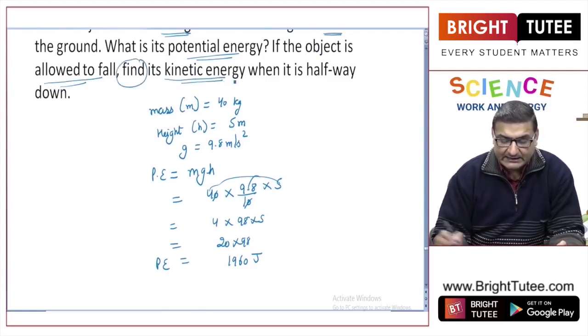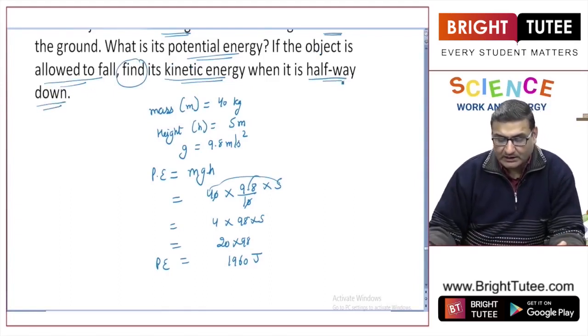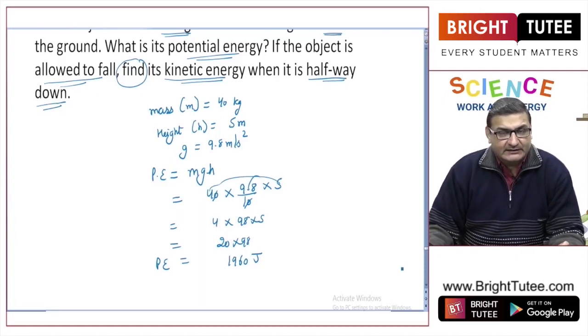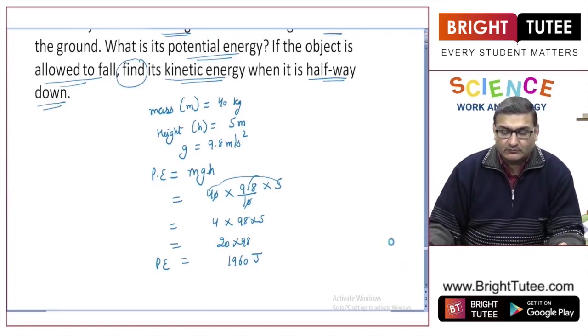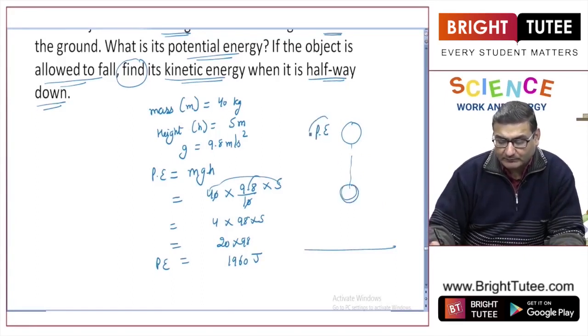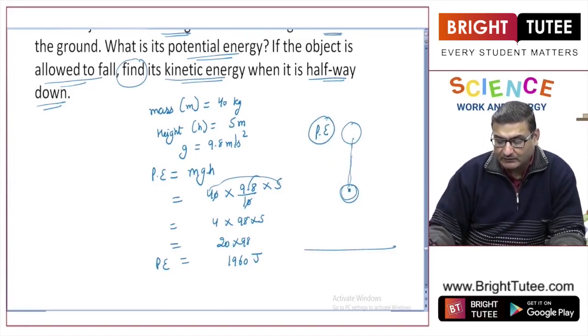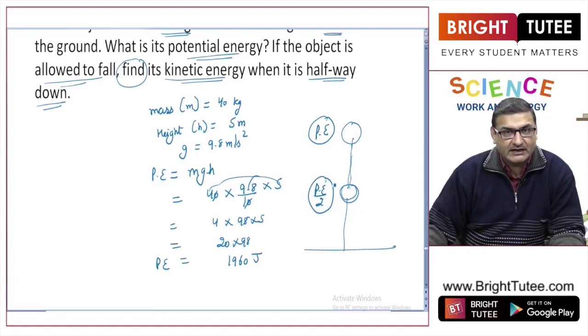Find its kinetic energy when it is halfway down. Now we know that when this particular object is allowed to fall from a particular height, then when it comes halfway down, because the height remains half, the potential energy will also become half.